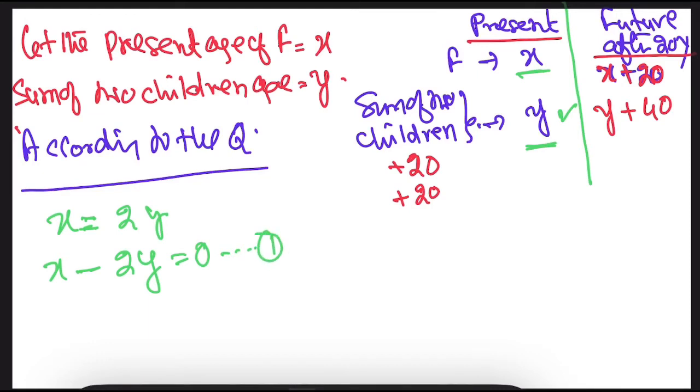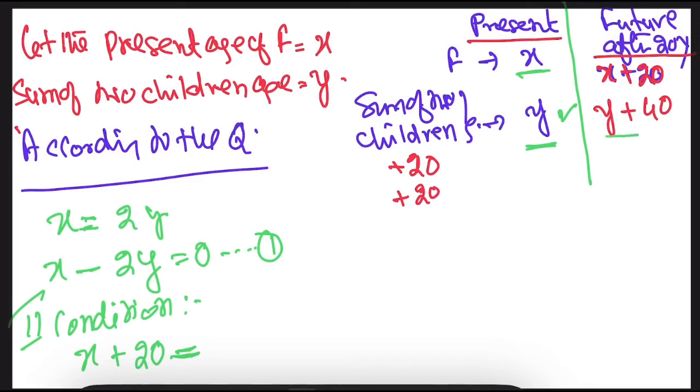Now the second condition. After 20 years, the father's age will be x plus 20, and it will be equal to the sum of the ages of the two children.